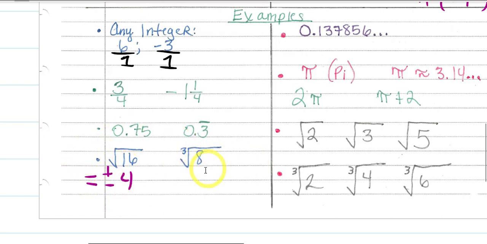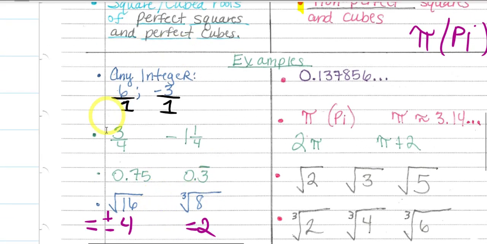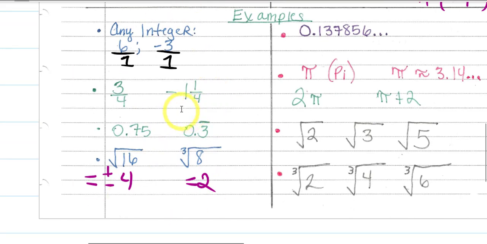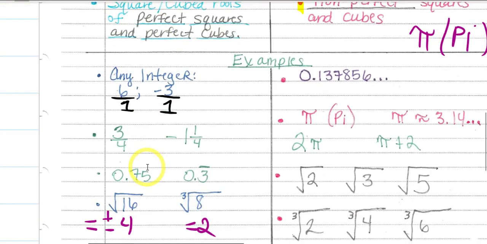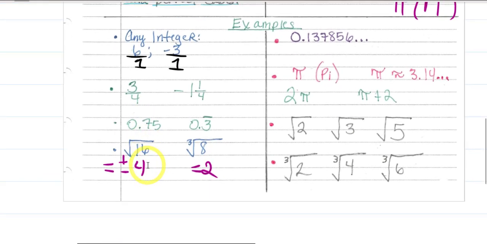The cube root of 8 we know equals 2, and we can turn 2 into a rational number by putting a 1 under it. So most of the numbers that you have been working with in your life and in this class are going to be classified as rational numbers because there's some form or way to turn them into a ratio or a fraction.